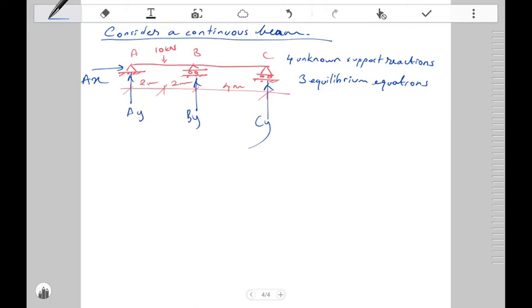Alright, by using the three equilibrium equations, I cannot determine the unknown support reactions.